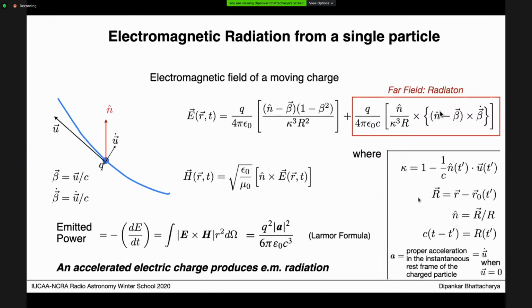So it will also have these two components, and the magnetic field will also have a far field component, which is radiation. So at a large distance, we do not experience the first term very much, but we experience the electric field and the magnetic field, which are both dropping as 1 over r.